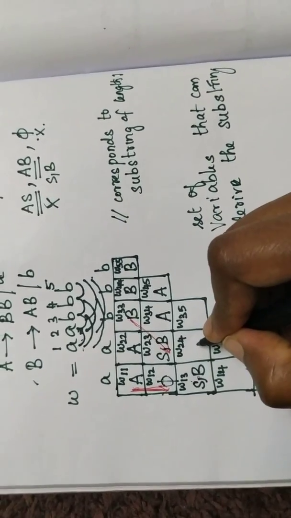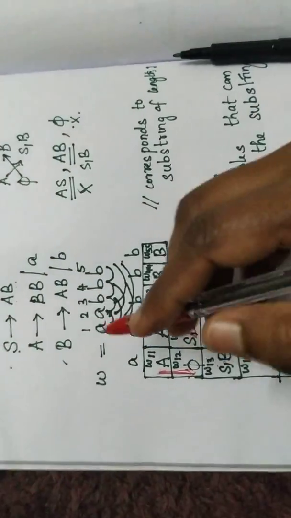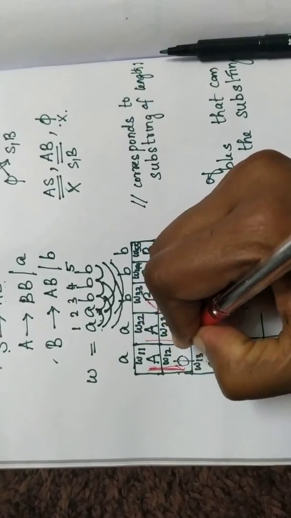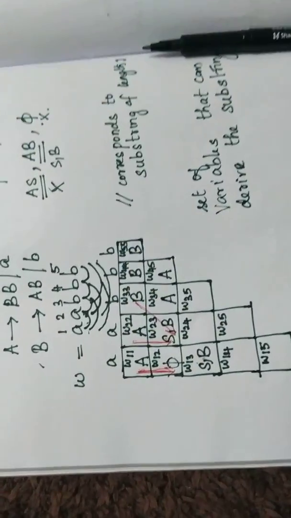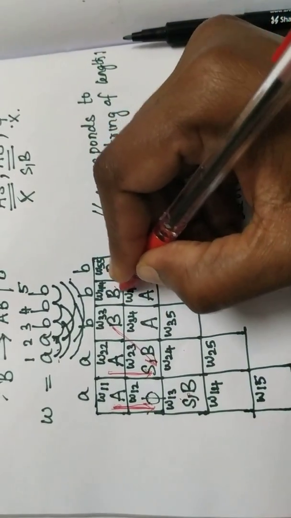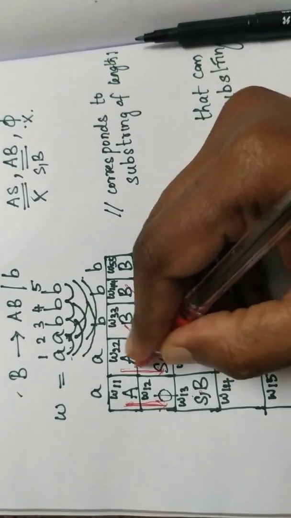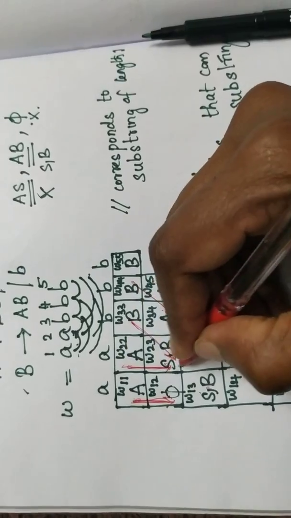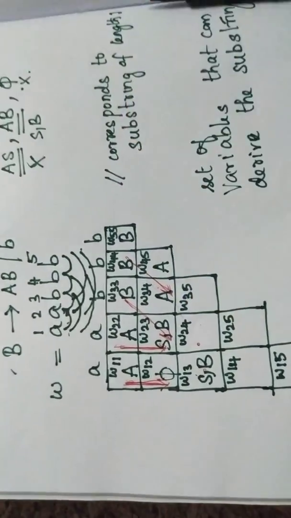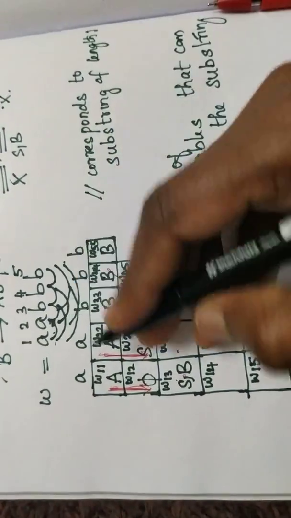Similarly, for filling this cell, we are going to take the variables that we have found above, and the one diagonal to this cell. So how can we write that?